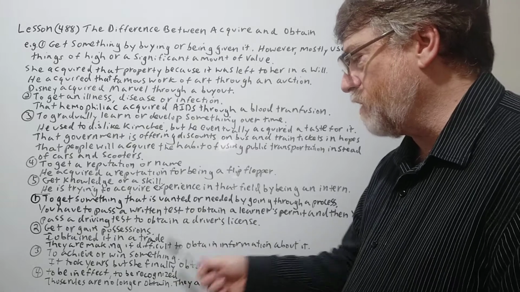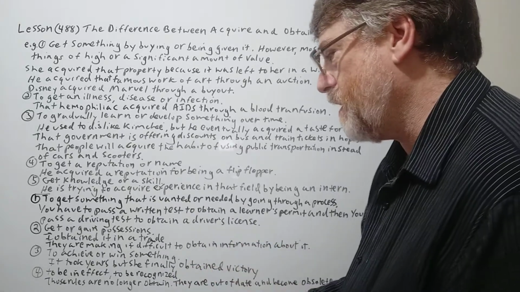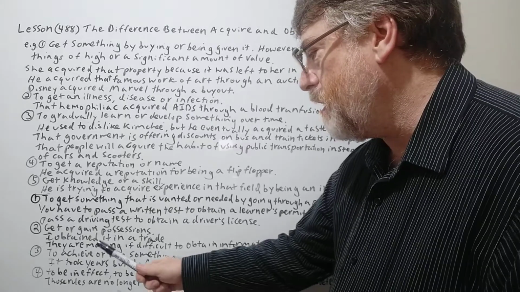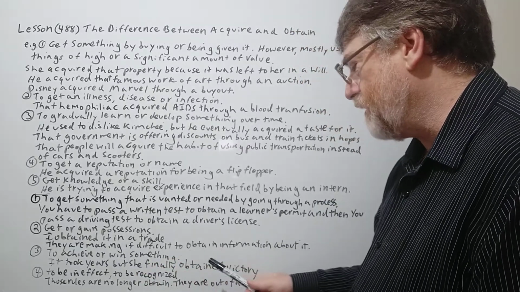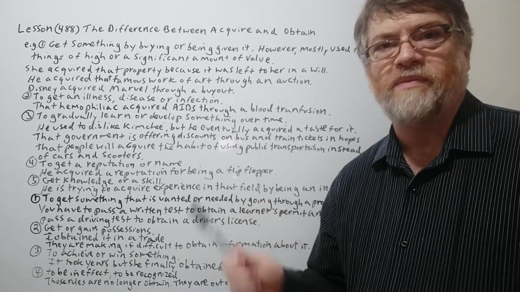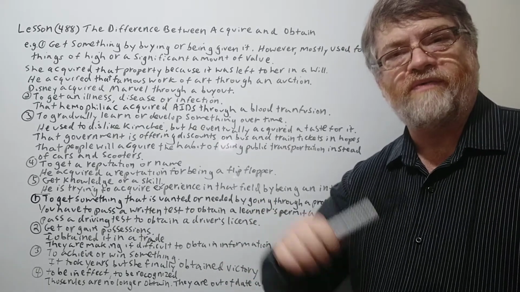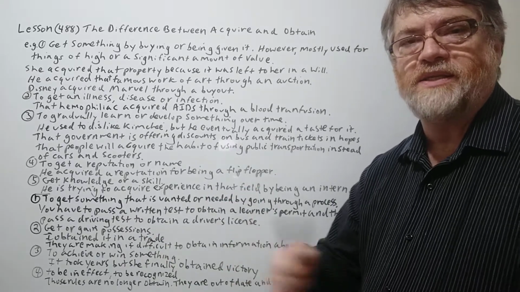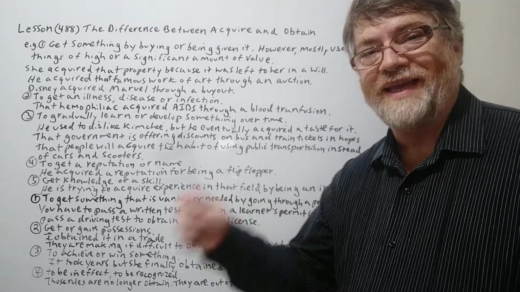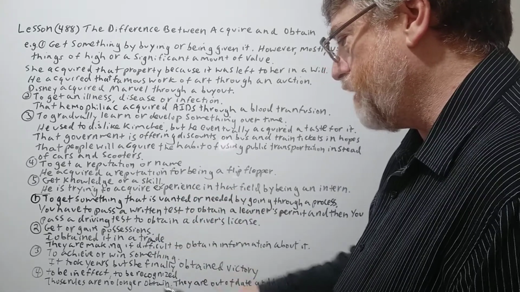To achieve something or win something. Okay. Yes. It took years, but she finally obtained a victory. Yeah. Acquired a victory would be weird. But again, if you eventually win it or you get it, then we could say you obtained it. You finally got it. Okay, number 4 down here.